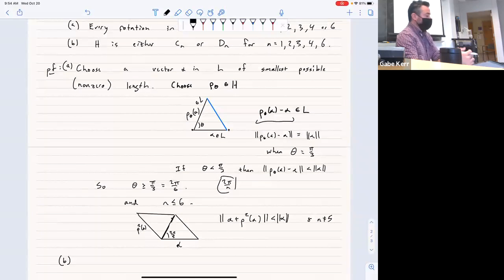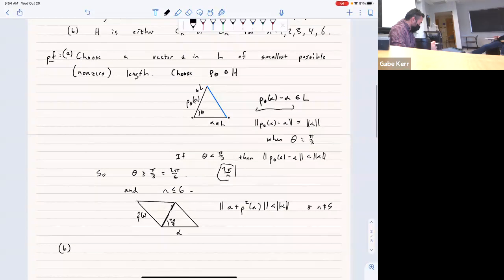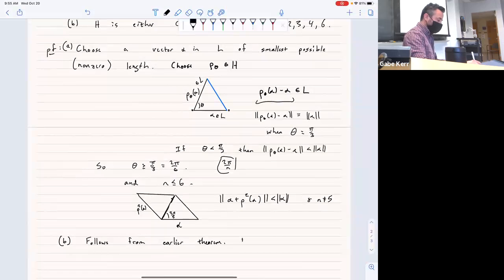if we want to extend this to CN or DN, well, we can just say we know the classification of finite groups, so this follows from an earlier theorem. Namely, you can take H and intersect it with SO2, the orientation preserving ones. And we know that's going to equal CN.